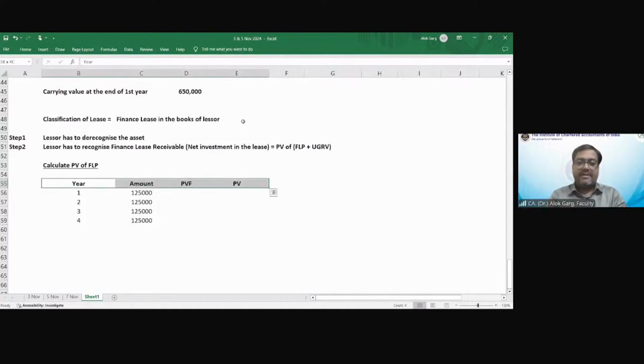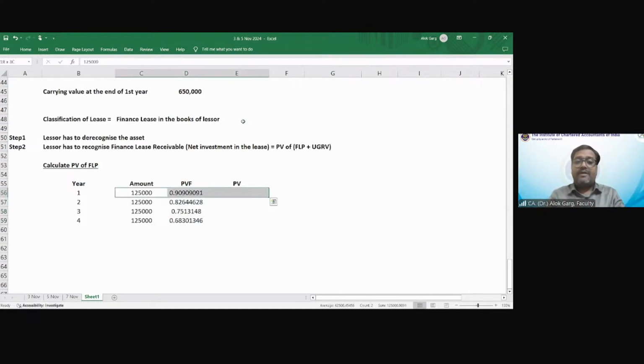What is my present value factor? Discount rate is given as 10%. What is my present value factor for the first year? कितना आएगा? 1 divided by 1.10, that is 0.909. Then 1 divided by 1.1 divided by 1.1 divided by 1.1.